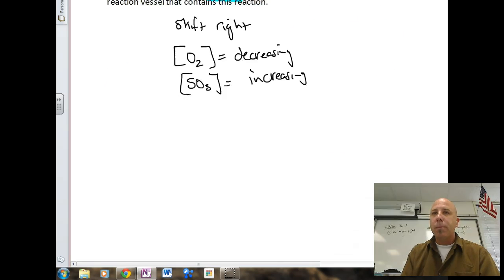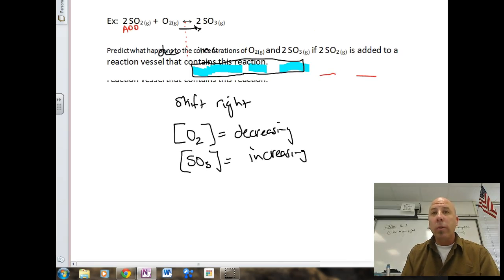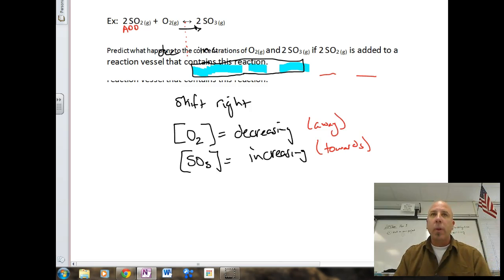Again, whatever direction you're shifting towards will increase. Whatever direction you're shifting away will decrease. And this is Le Chatelier's principle. This is the first of three stresses that we're going to talk about with respect to Le Chatelier's principle.